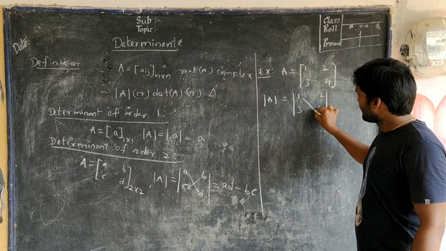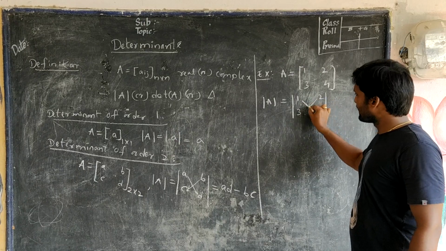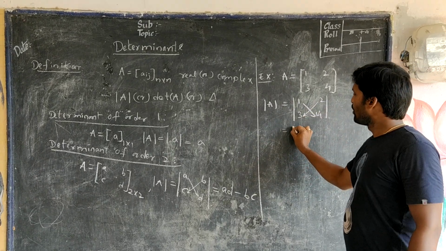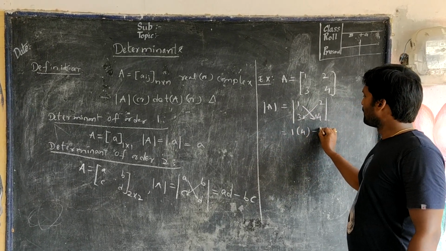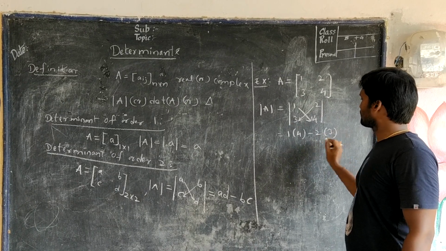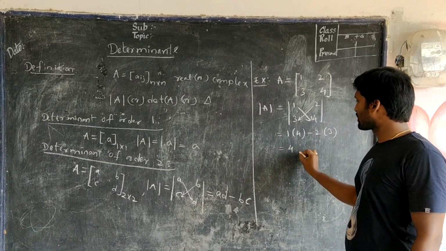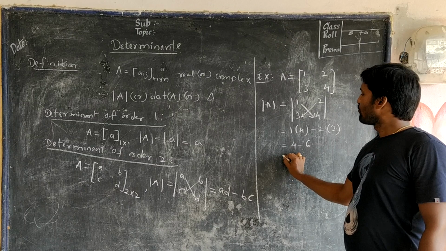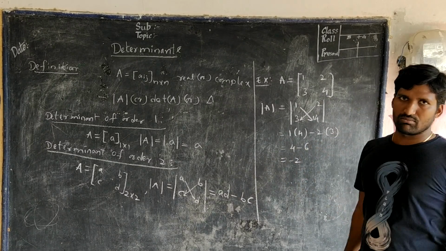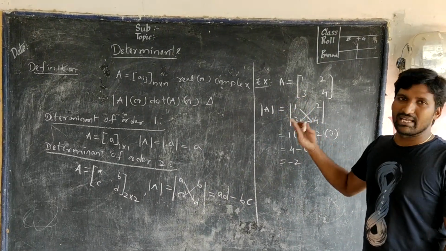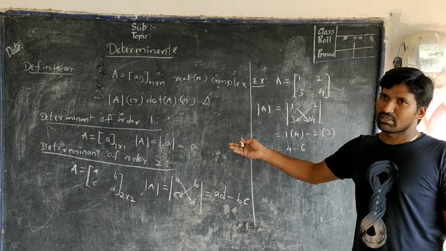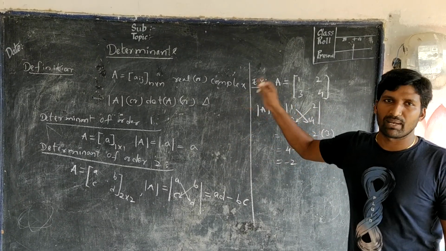Using the concept a into d minus b into c, it is 1 into 4 minus 2 into 3. 1 into 4 is 4, minus 6. 4 minus 6 is minus 2. This determinant value, sometimes you will get a real number, or sometimes complex numbers also.